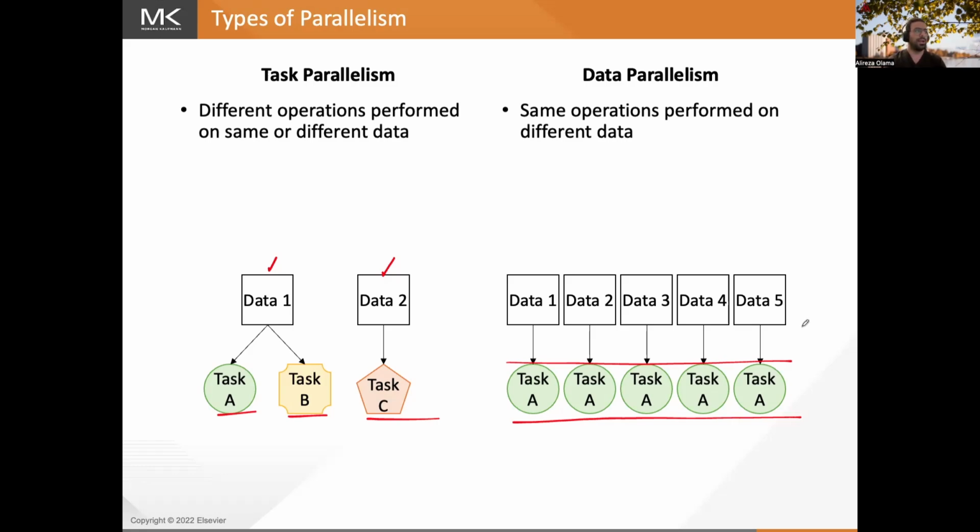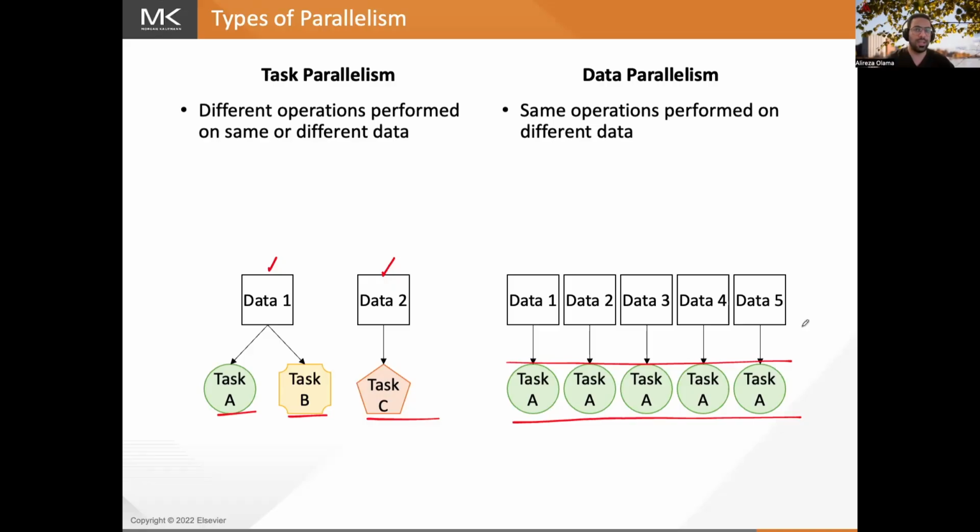For task parallelism, usually the tasks are kind of independent. For example, when you are working with Microsoft Word, you have one thread that is receiving your inputs from the system, and you have another thread that's just checking your text. So there are two tasks.